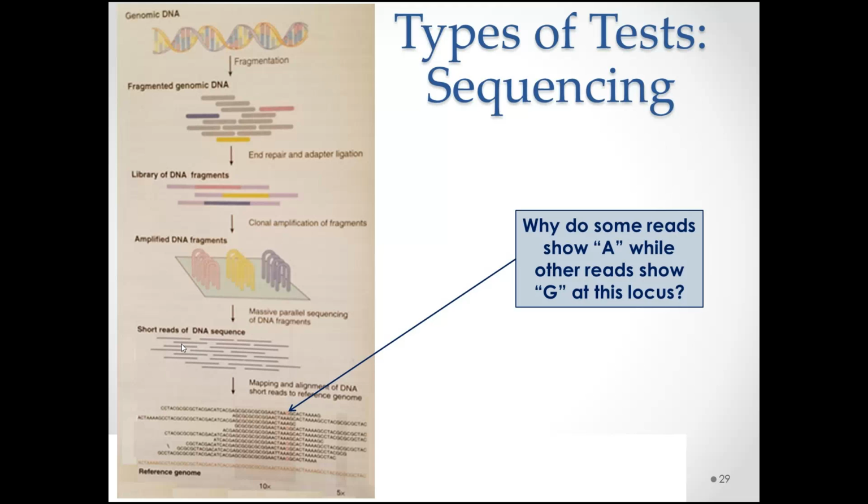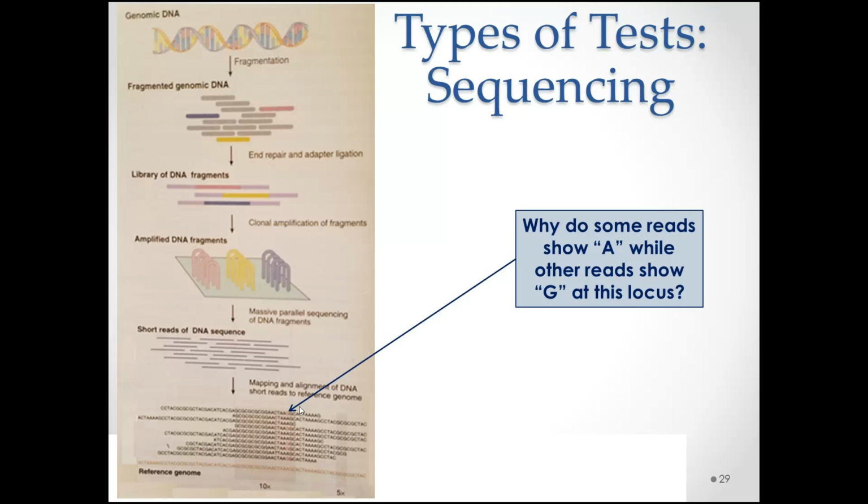So really what you do is you fragment the DNA, you do a whole bunch of short reads, maybe millions of these short reads, you align them all to a reference genome, and having done that, you then can determine exactly what the DNA sequence was.